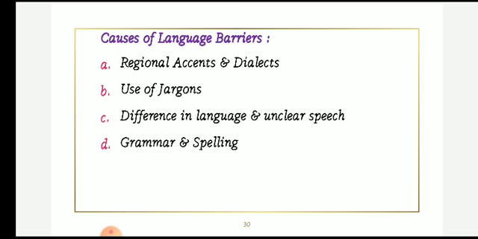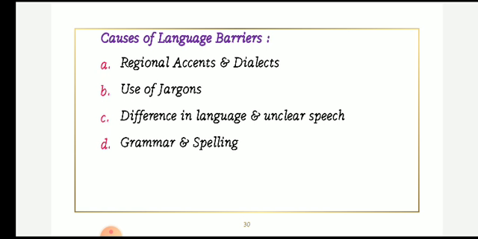Then the second cause of language barrier is the use of jargons. These are the specific terminologies, the words which are spoken as per the speciality of a person. Speciality means the area in which they are specialist, and these are called technical words used by professionals.